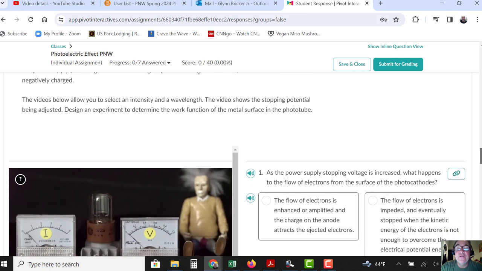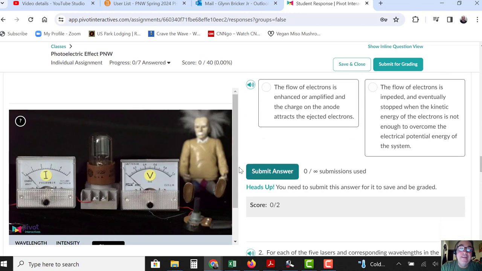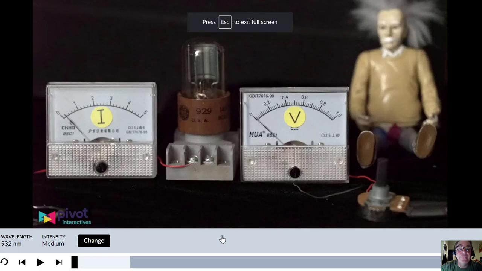That's the stopping potential. So as the power supply stopping voltage is increased, what happens to the flow of electrons from the surface? So I kind of already gave this one away too. So let's watch it and then we'll answer it actually. I said it in words, but let's see what it actually looks like in the video.